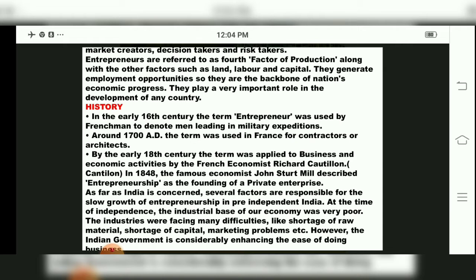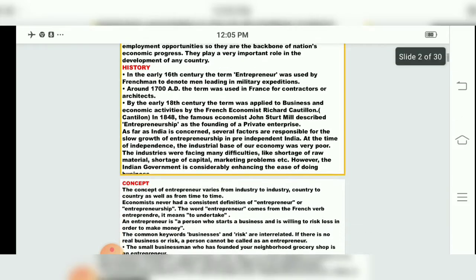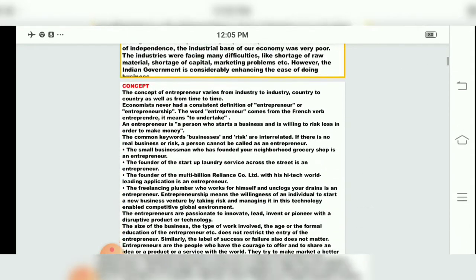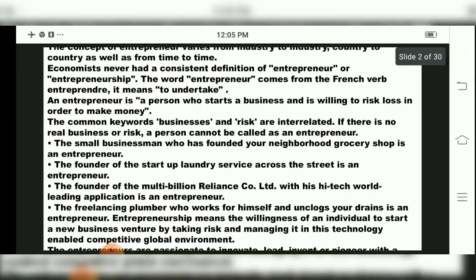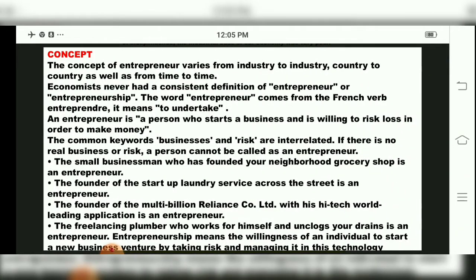At the time of independence, the country was already facing many problems: shortage of raw materials, shortage of capital, marketing problems, etc. The Indian government wanted to expand and enhance business, and that's why entrepreneurship was introduced, children.